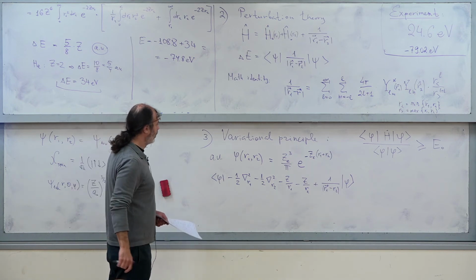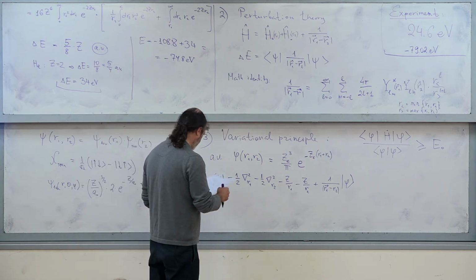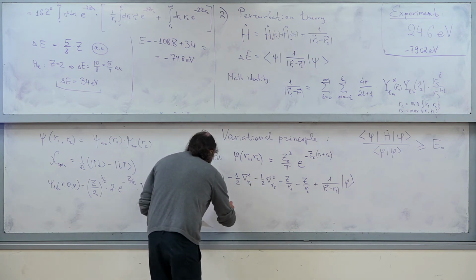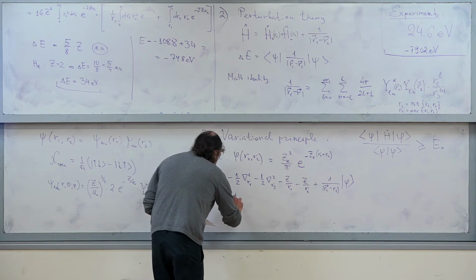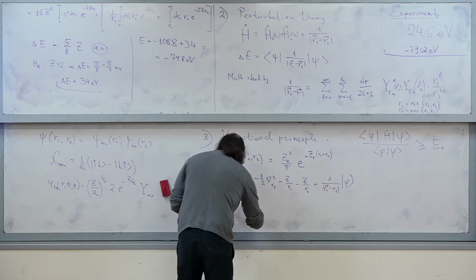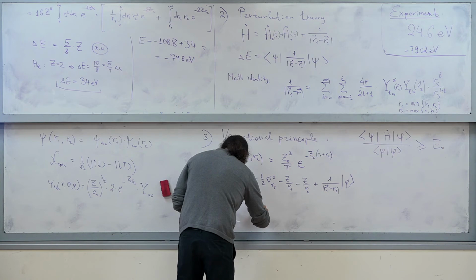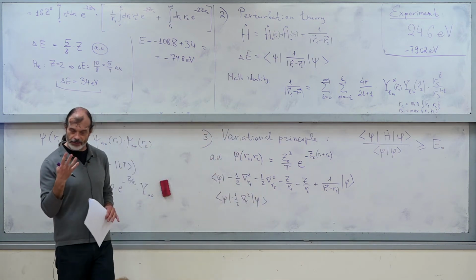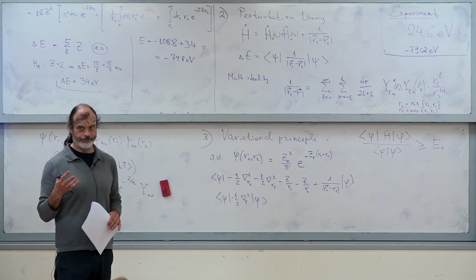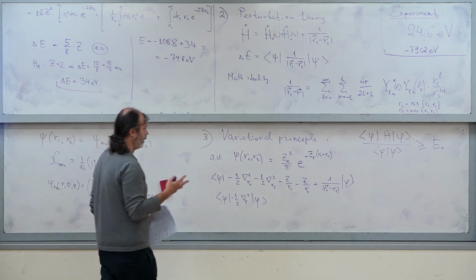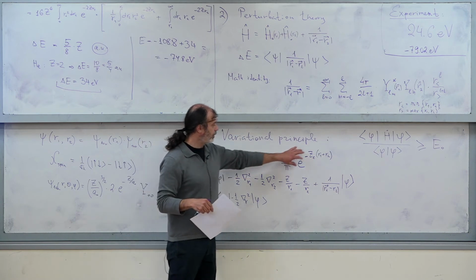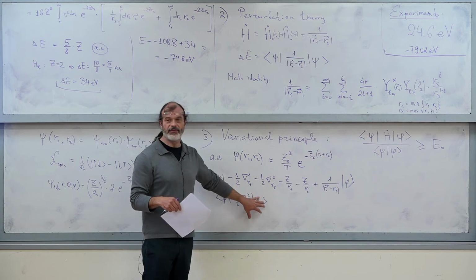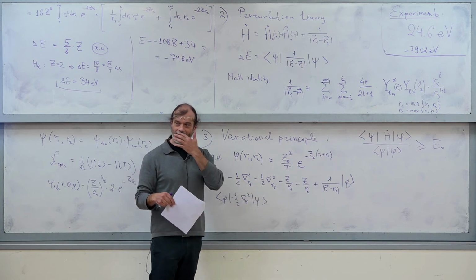So now we can calculate the parts, starting with the Laplacian squared. For the kinetic energy, the wave function still looks essentially the same as the hydrogenic function, and the only thing different is this ZE. So we don't need to perform all these integrals because we already did that.